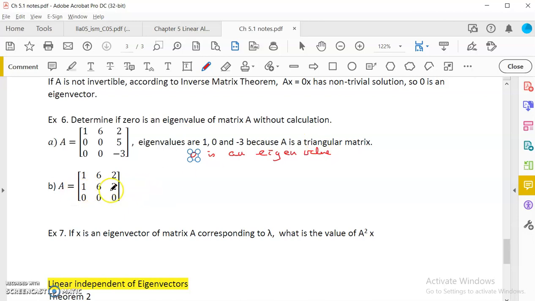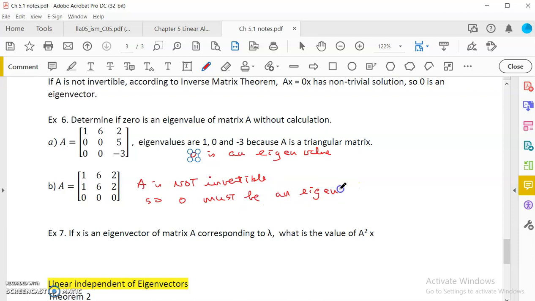What about this one? We know A is not invertible, right? Why? Because there's a 0 entry. If you do RREF, you're not going to get an identity matrix. It's not reducible into the identity matrix, so it's not invertible. So 0 must be an eigenvalue.